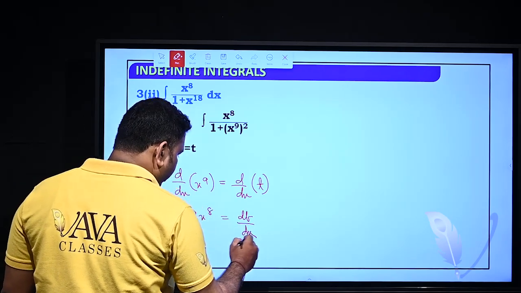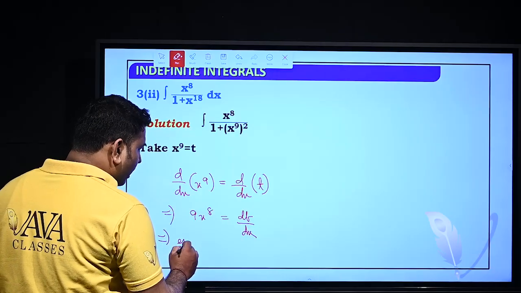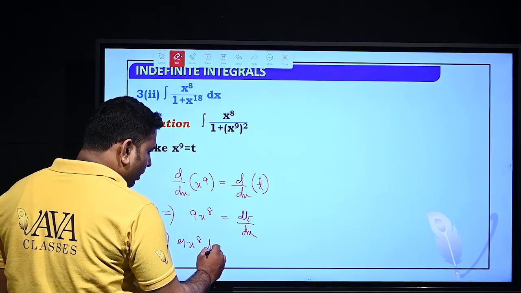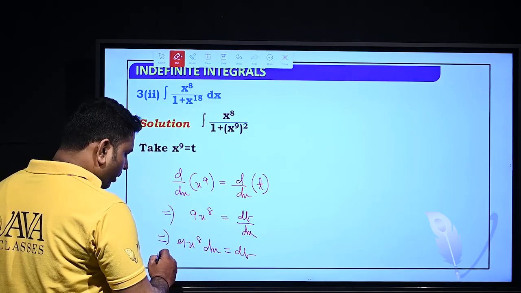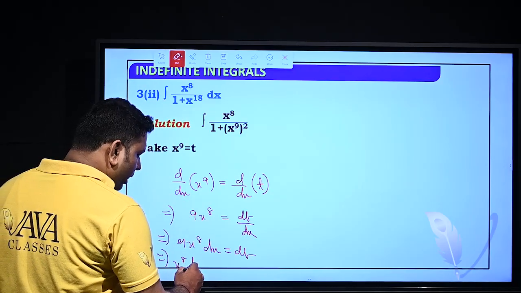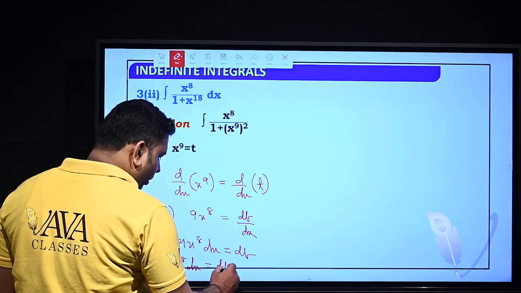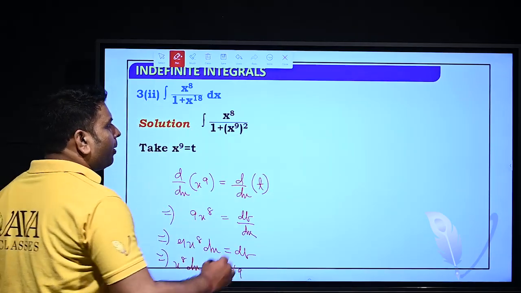That implies 9 x to the power 8 dx equal to dt. So x to the power 8 dx equal to dt by 9.